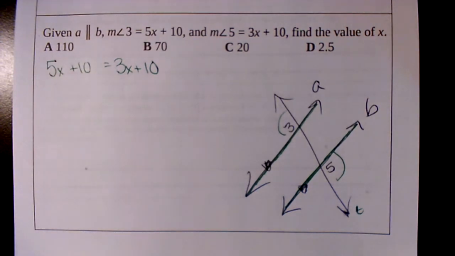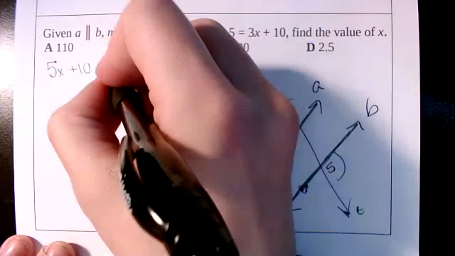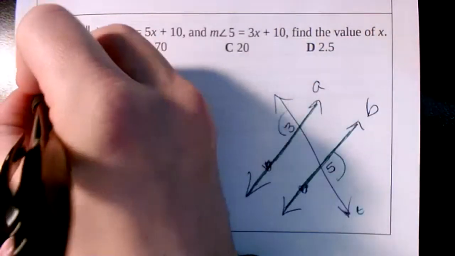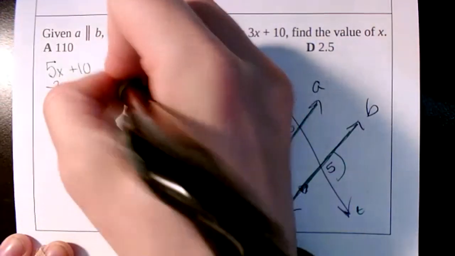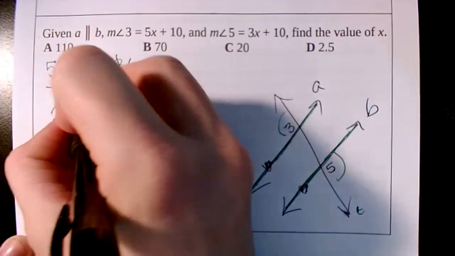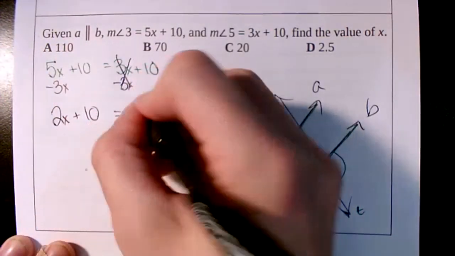See if you can put in the chat what x would be. And time is up. I don't know if that was 30 seconds, but let's subtract 3x from both sides. Cross you out. 2x plus 10 equals 10.